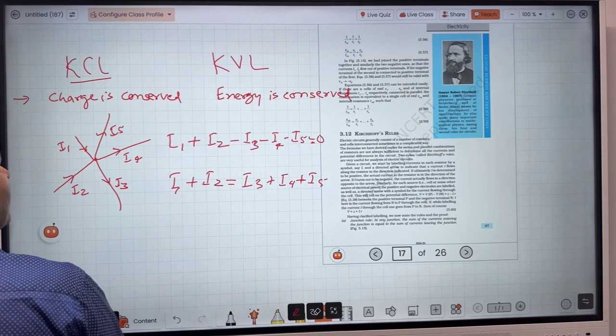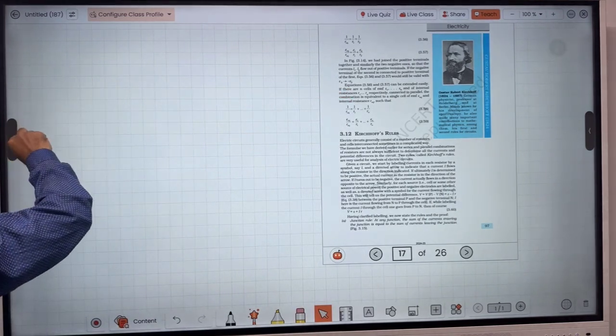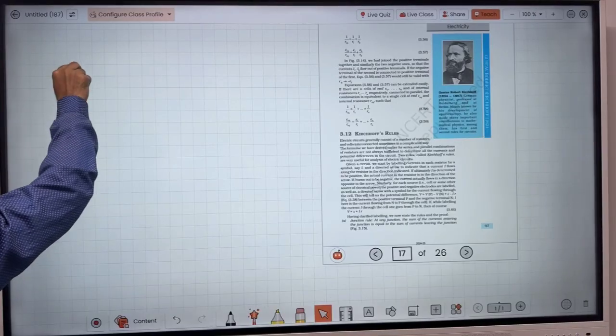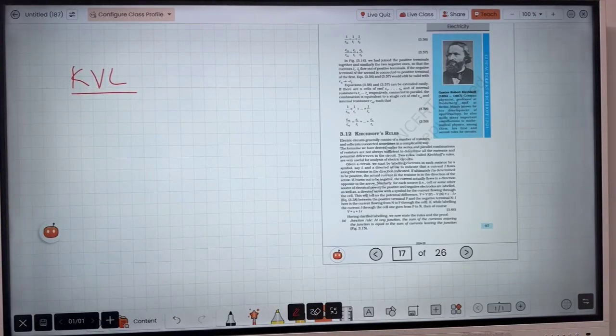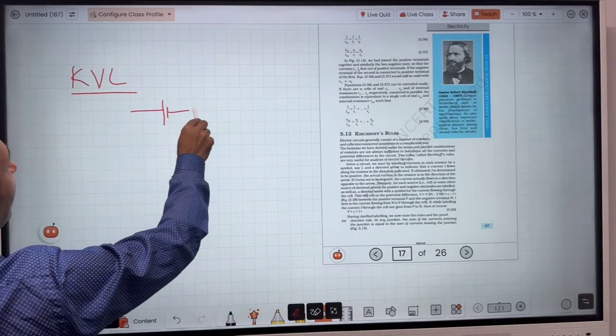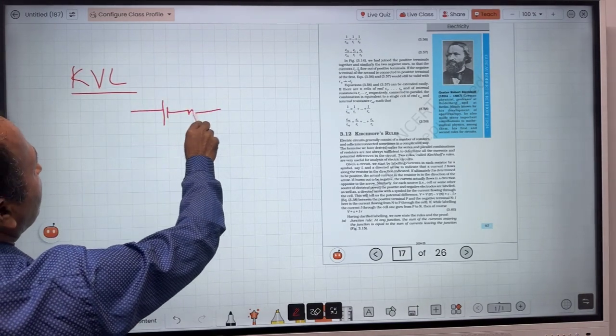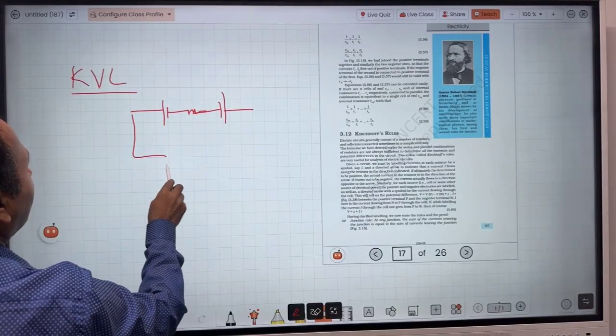And now we consider KVL. This is also called the loop rule. We can understand it by some example, that will be better. Here there is a resistance and then there is another cell and here there is a resistance.